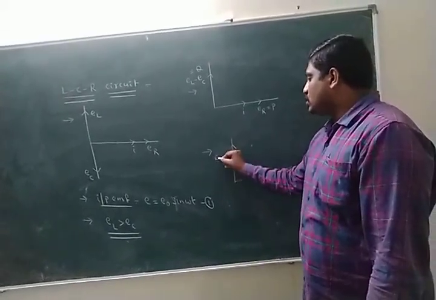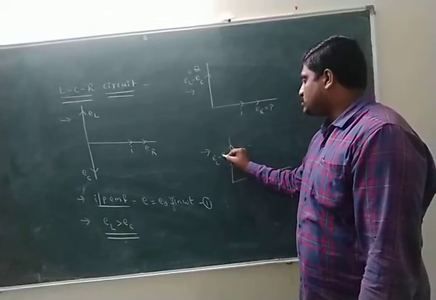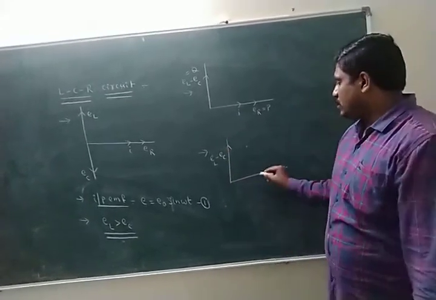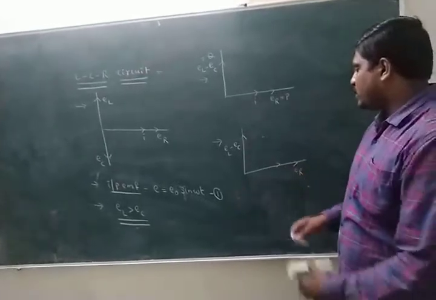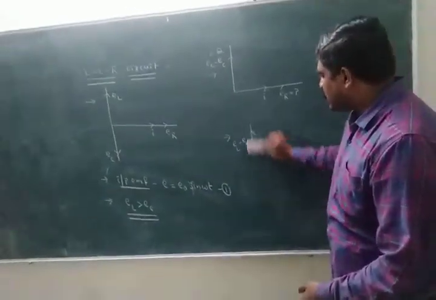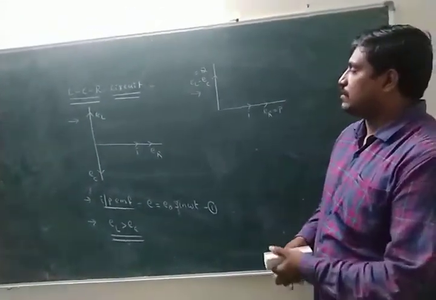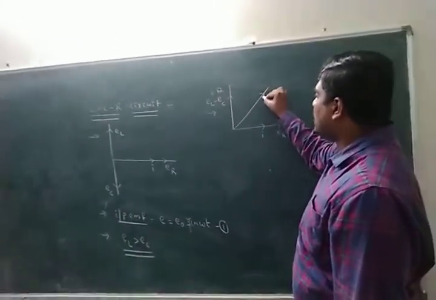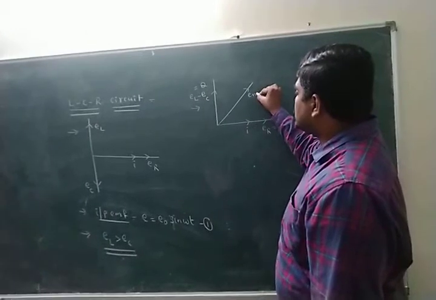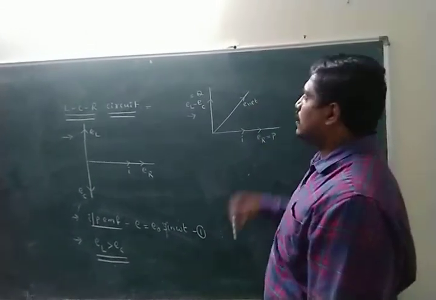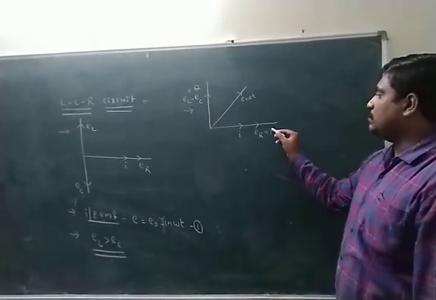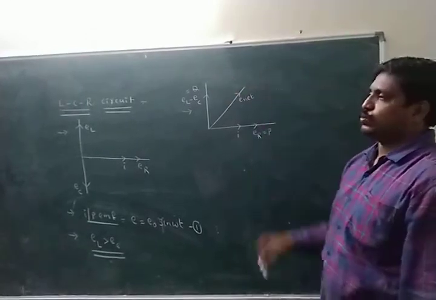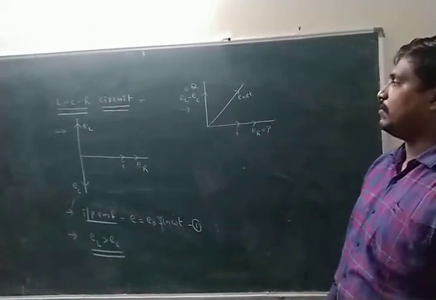This is EL minus EC. Okay, this is the direction of current. The resultant always acts between the components. This is called E net. This is the resultant between P and Q. Okay, this is the net EMF.